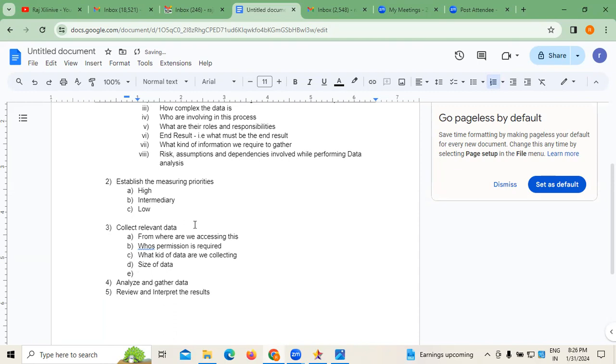Whenever we want to collect the relevant data, first of all, we should know the relevancy. If you want to know the relevancy, you must know from where we are accessing it, because we have to see the relevancy when we are working on the project, as far as the data analysis part is concerned. So we must have a clear understanding of from where we are accessing this.